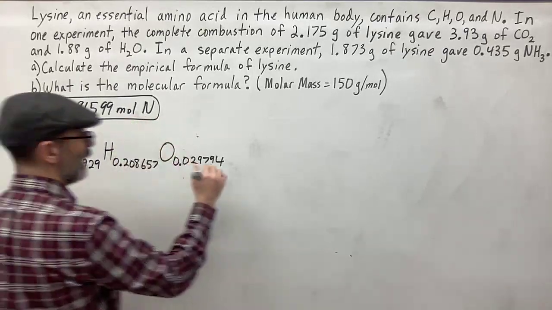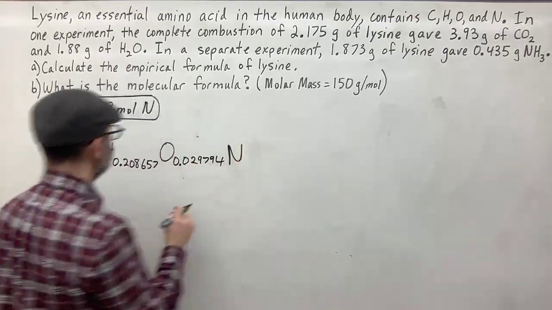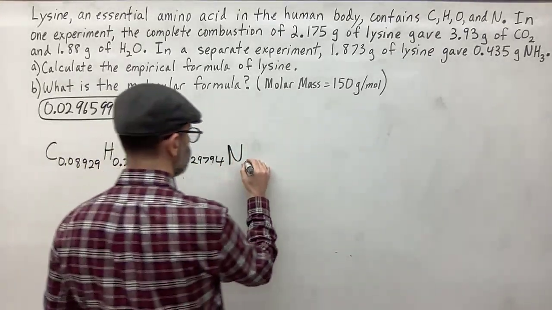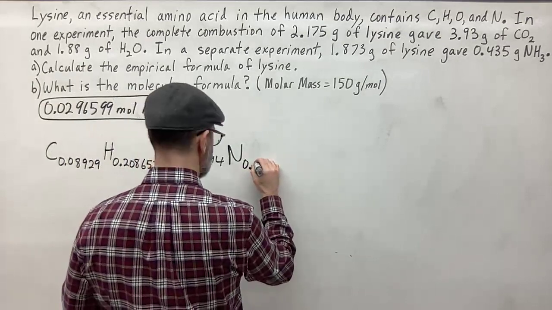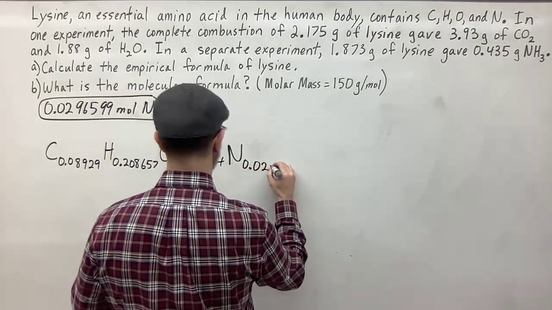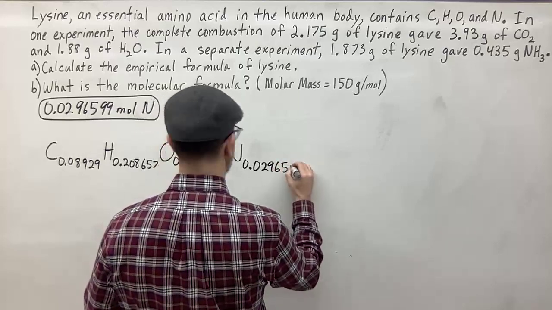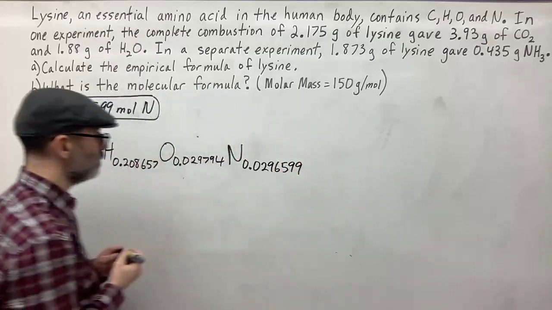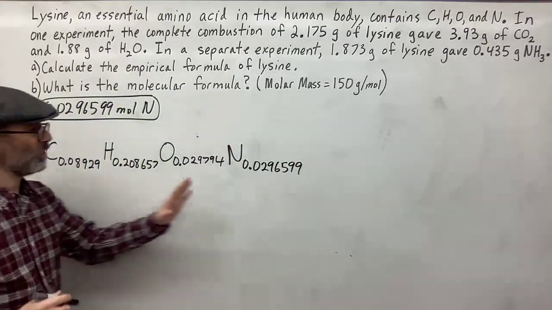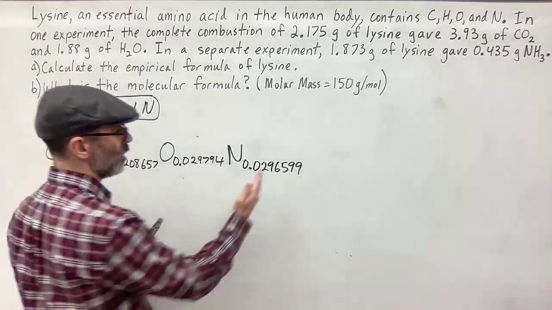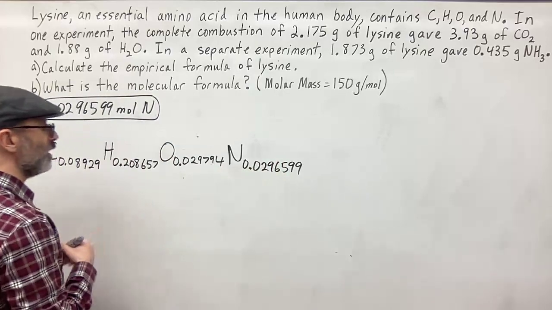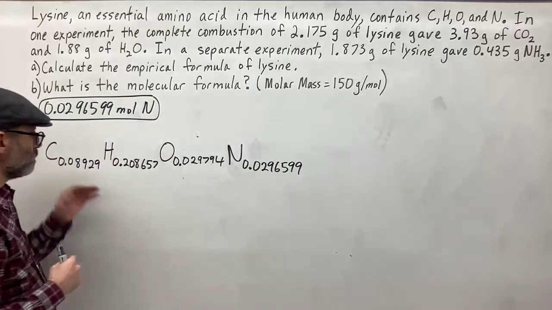And then finally, nitrogen. We'll write this as a subscript, 0.02965999. Again, you don't need to carry all these numbers. You can cut it off after like 4 or 3. It'll run out the same way.